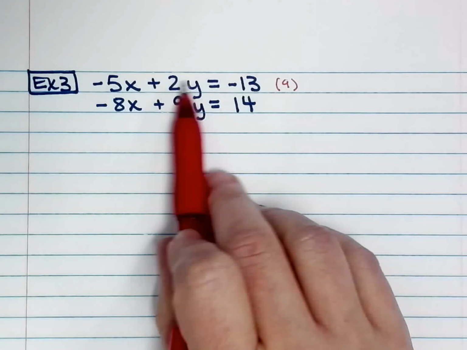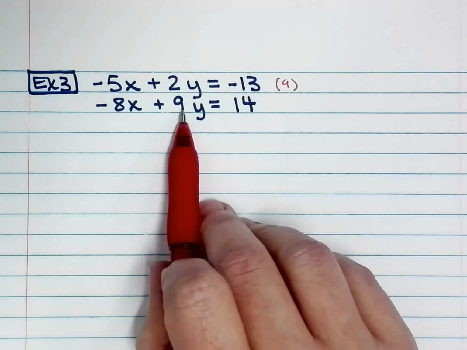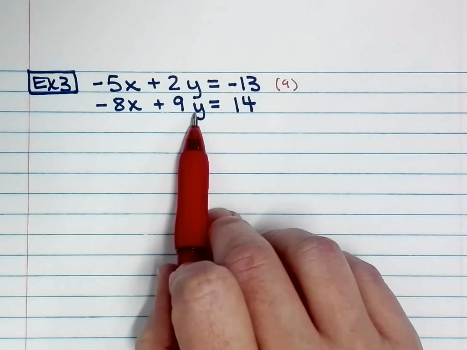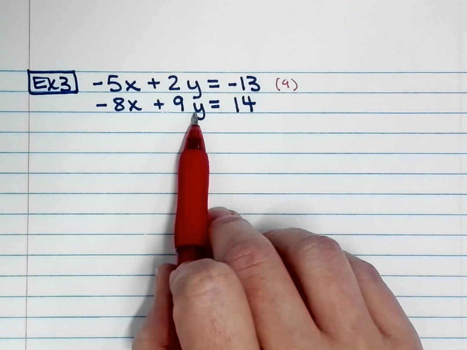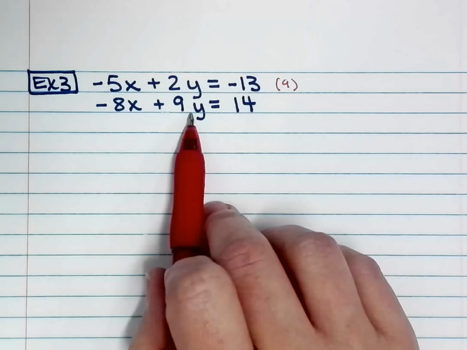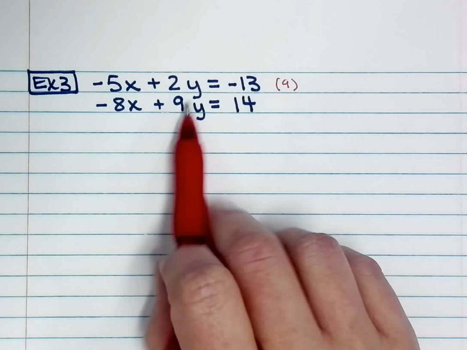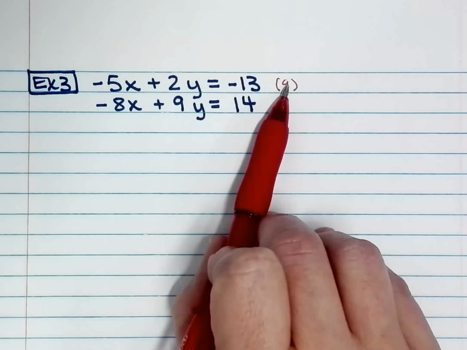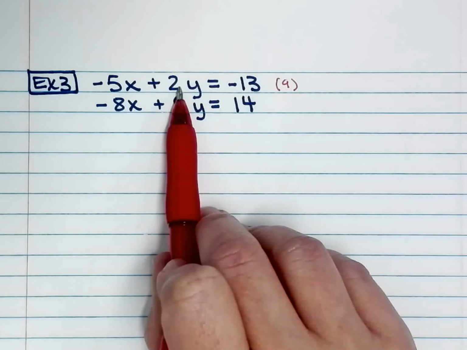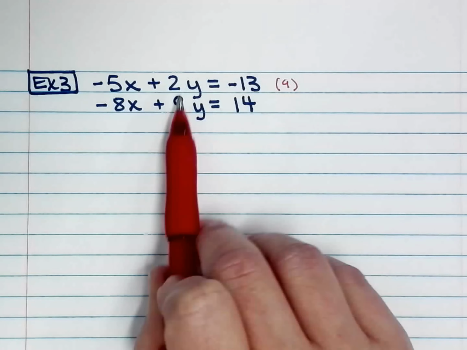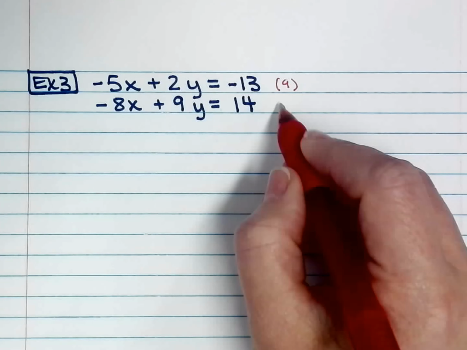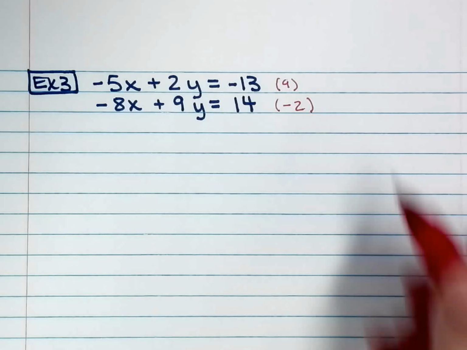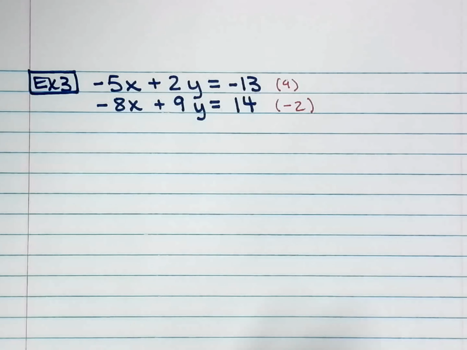If I get 18y right here, I need to make the one in the second equation negative 18y, so when I add them together, I will get 0. If I multiply this top one by 9, I get positive 18. That means I need to multiply the bottom one by negative 2 to get negative 18.